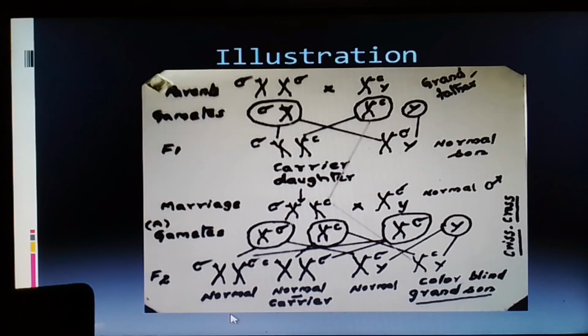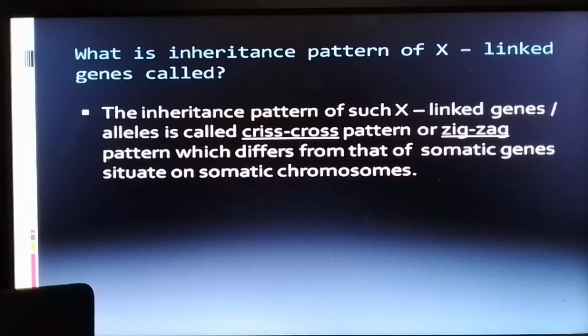Accordingly, this type of inheritance is said to be criss-cross pattern, or zigzag pattern. You have to remember this even from the examination point of view, because the pattern of inheritance of X-linked genes is specially called criss-cross pattern or zigzag pattern. Why is it called criss-cross or zigzag? From grandfather to the daughter, through the daughter to the grandson, not from male to male.